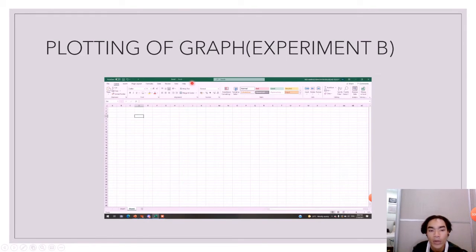Next is the way to plot the graph for experiment B. Sorry about the volume there.